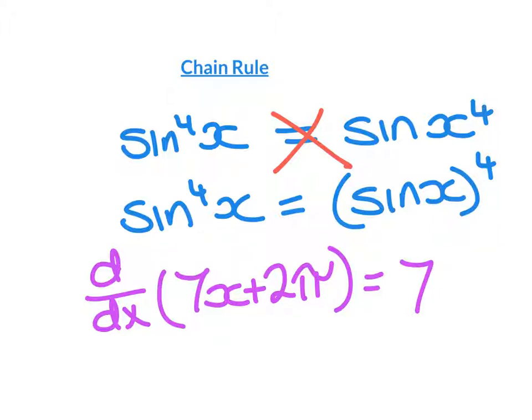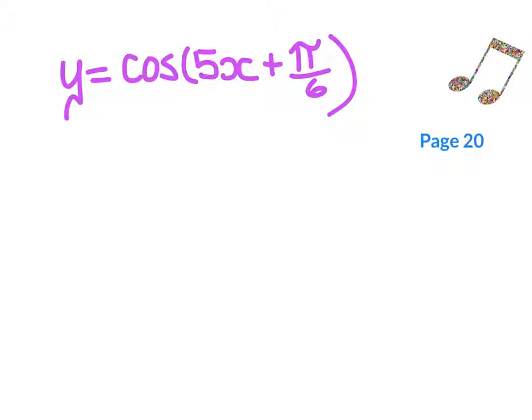We're going to go back in our notes to page 20. Our first example is y equals the cos of 5x plus pi over 6. It's a composite function. Inside the brackets I've got 5x plus pi over 6. Outside the brackets I've got the cosine.